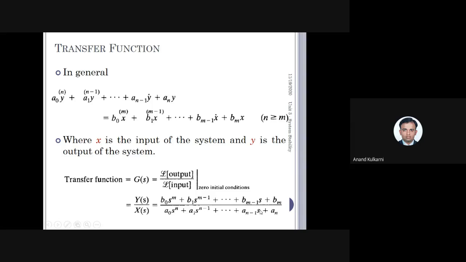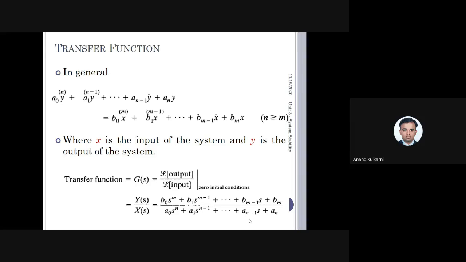Generally, in all transfer functions, the denominator order is greater than the numerator order. So n here is greater than m. In the denominator, you can see it is a0 s^n + a1 s^(n-1) + a2 s^(n-2) and so on up to a(n-1) s + an.